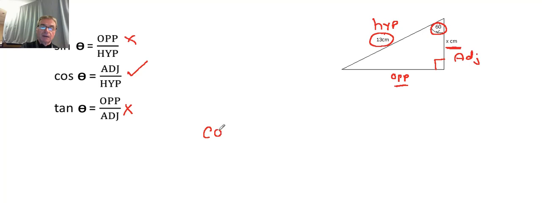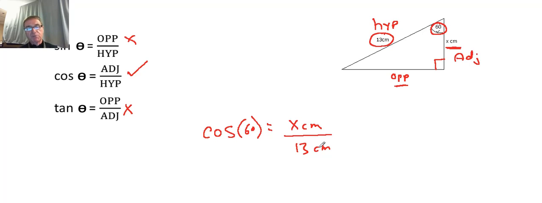So I'm going to say that the cosine of 60 degrees is going to equal what? The adjacent side, x centimeters, divided by the hypotenuse, which is 13 centimeters.